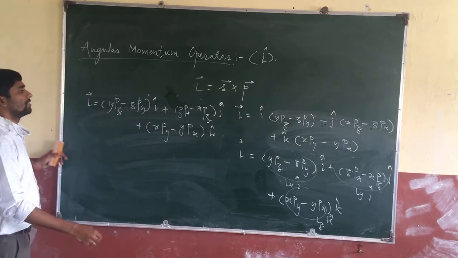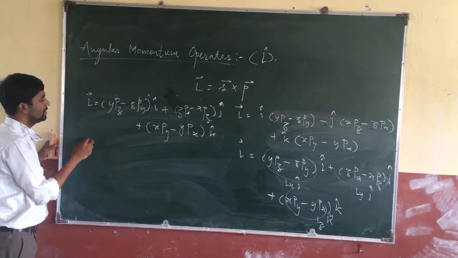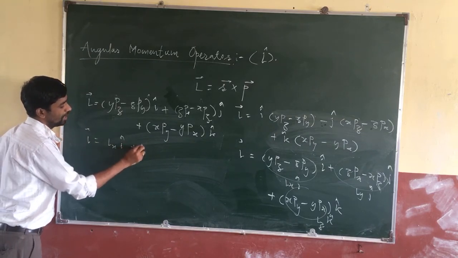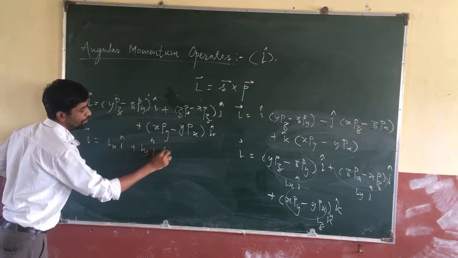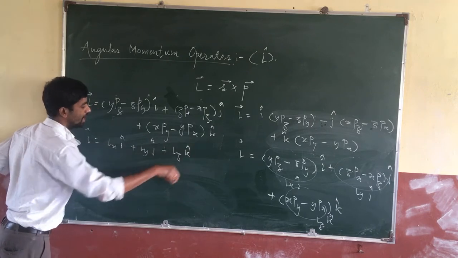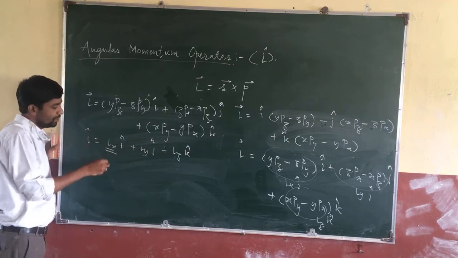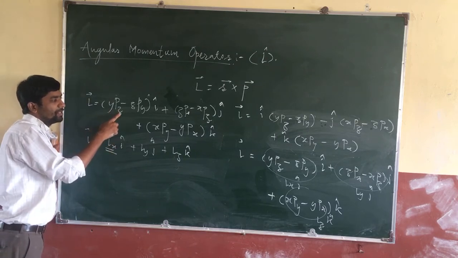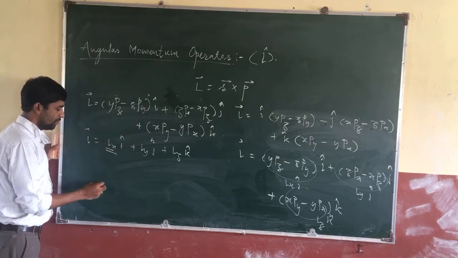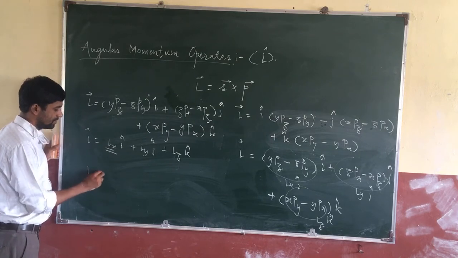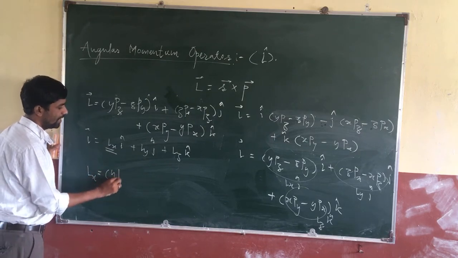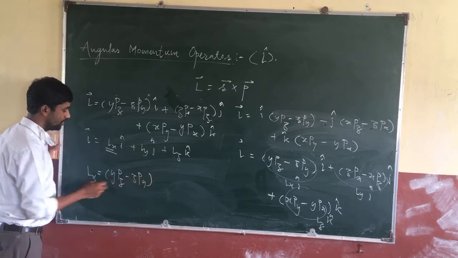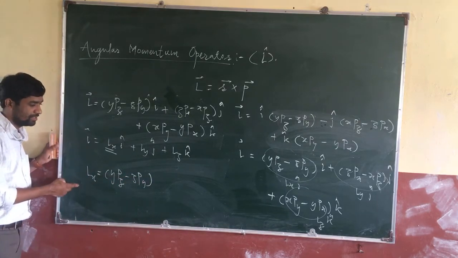Equating this equation with Lx i cap plus Ly j cap plus Lz k cap, you get Lx equals y pz minus z py. So what is the component Lx? Lx is y pz minus z py. This is the component along the x-axis.